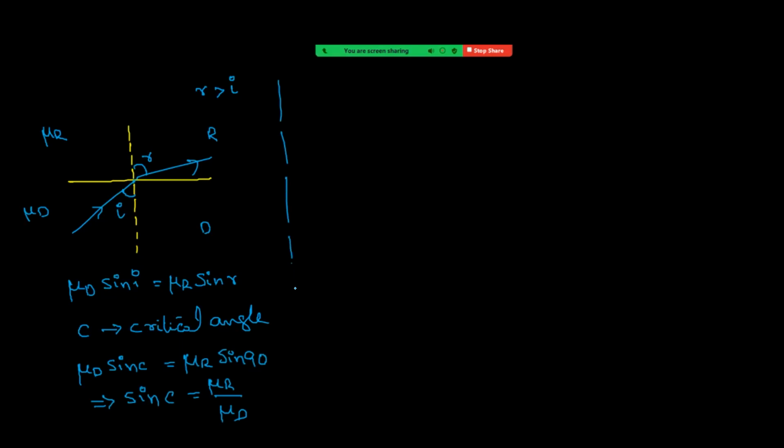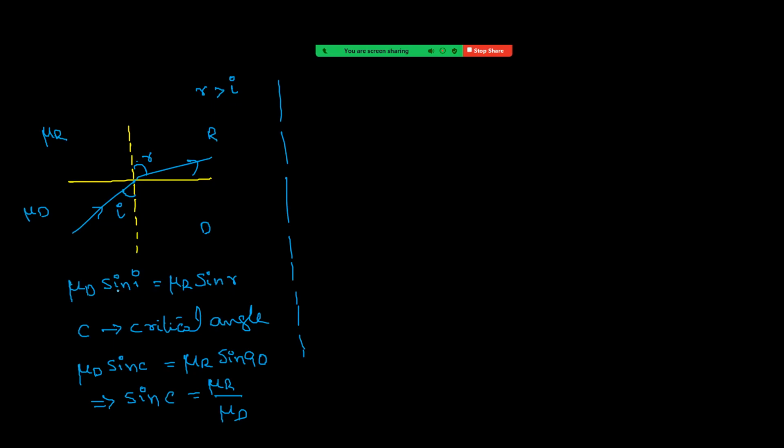Next, see what happens after R becomes 90. If we increase the angle of incidence further, R value cannot be greater than 90. From this diagram, what is the maximum value of the angle of refraction? It is 90. Beyond 90 it is not possible. What is the meaning of that? It means refraction is not possible.